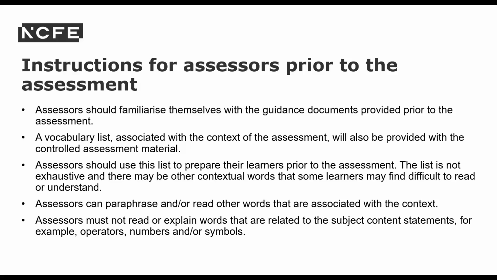The list is not exhaustive, and there may be other contextual words that some learners may find difficult to read or understand. Assessors can paraphrase and/or read other words that are associated with the context, but assessors must not read or explain words that are related to the subject content statements, for example, operators, numbers, and/or symbols.